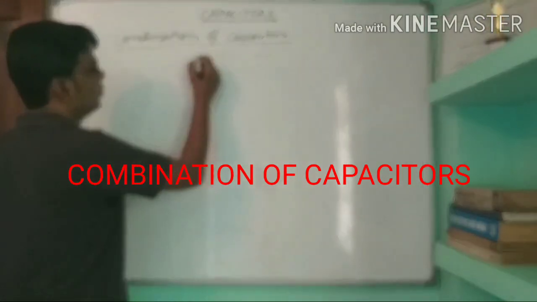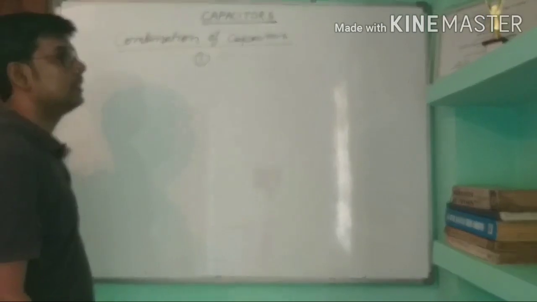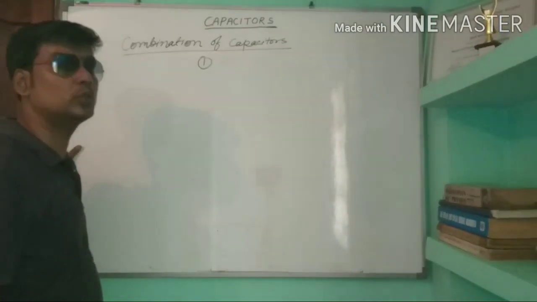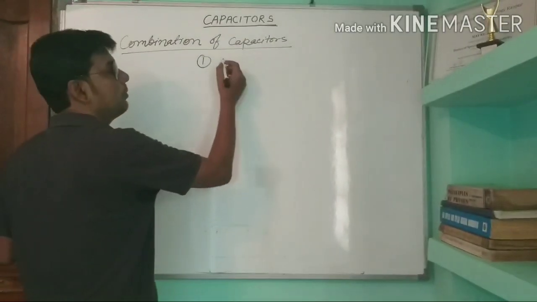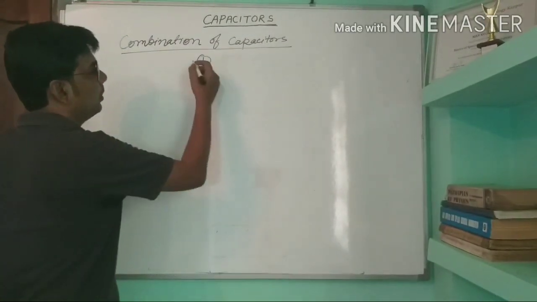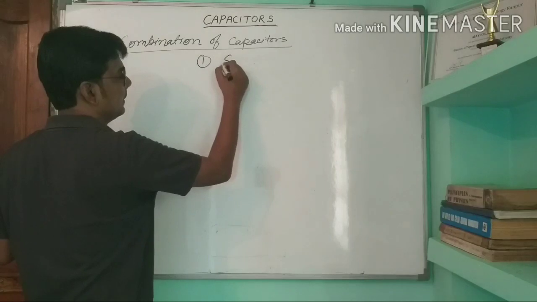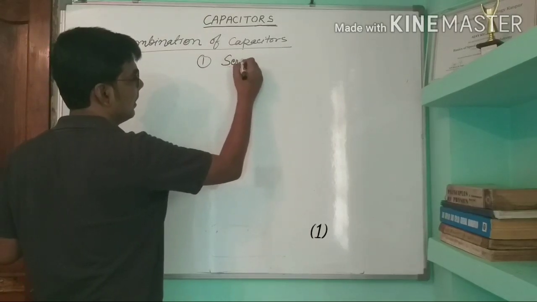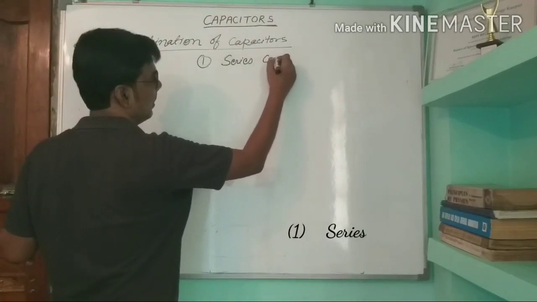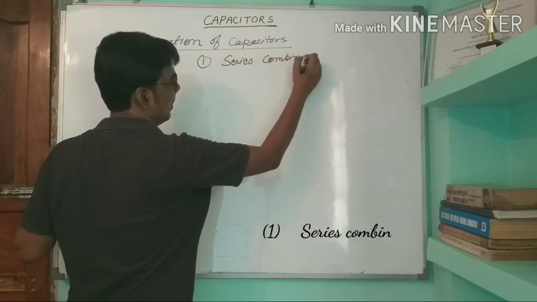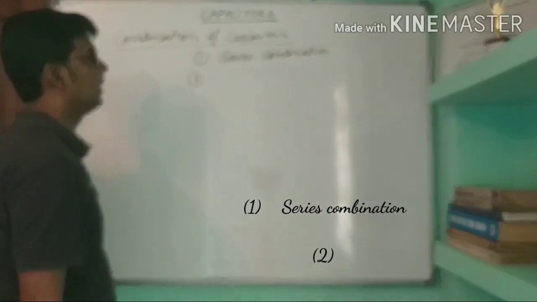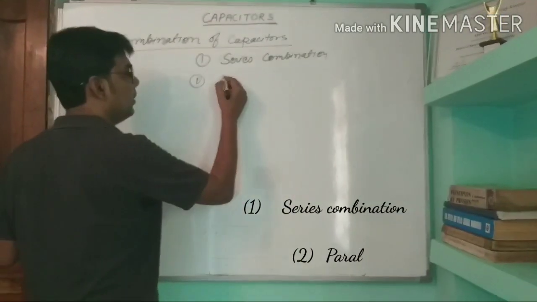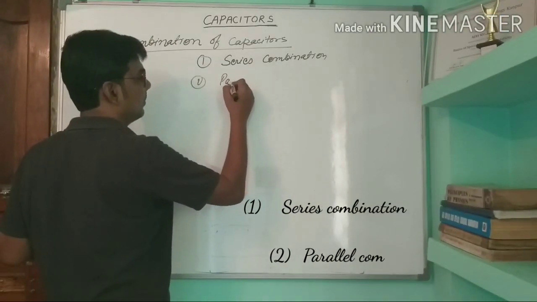There are two ways we can combine two or more capacitors to obtain a new value. One may be series combination, and another way we can combine to obtain a new value is parallel combination.